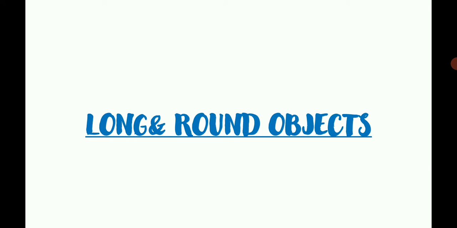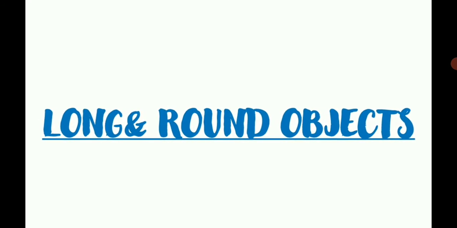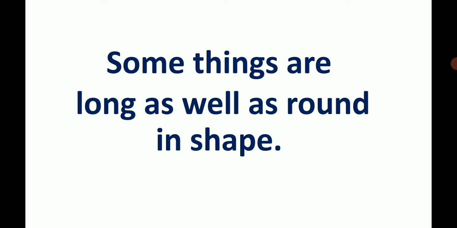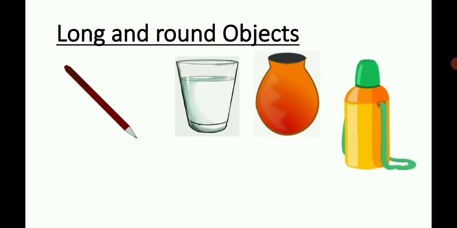Kids, there are some objects which are long as well as round in their size, like pencil. Pencil is long as well as round in its shape. Glass, pot and bottle are also in round and long shape.